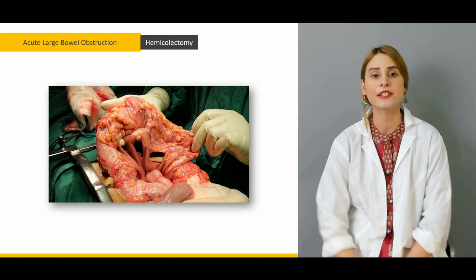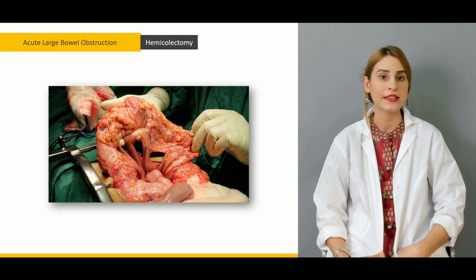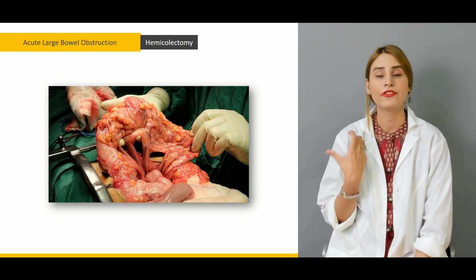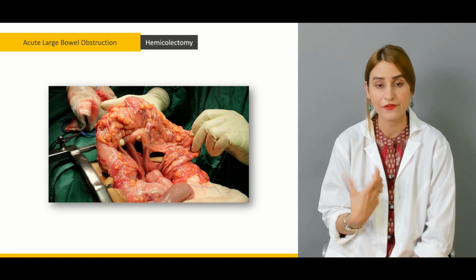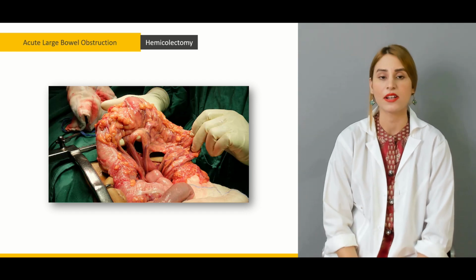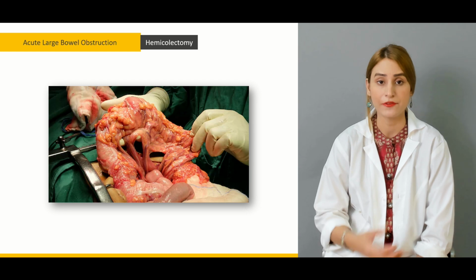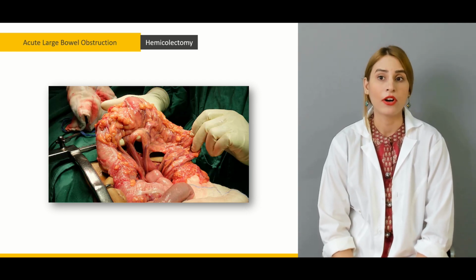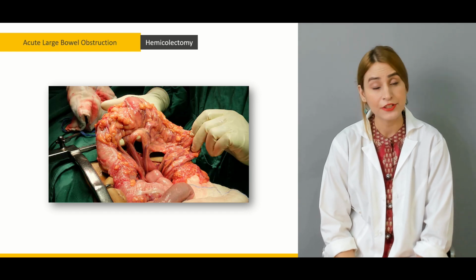So if we particularly talk about the acute large bowel obstruction, there are the same intraluminal causes, which can be fecal impaction, foreign material, or foreign body. These can be the causes of the acute large bowel obstruction. And if we talk about the extramural causes, most of the time they are diverticular.